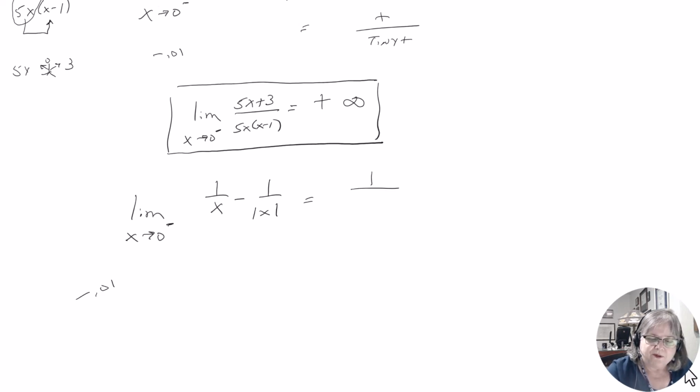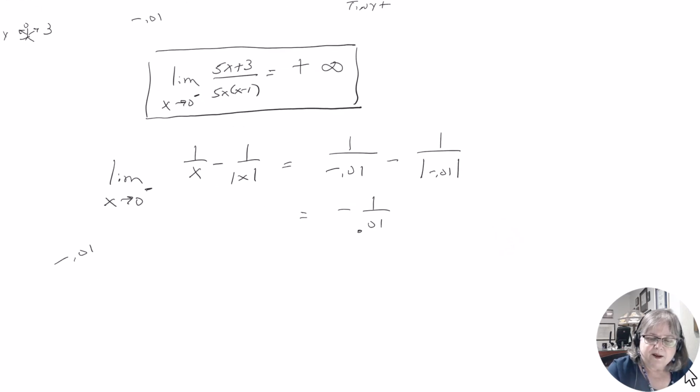So it'll be 1 over negative 0.01 minus 1 over the absolute value of negative 0.01. Okay, so this is negative 1 over 0.01. Okay, the absolute value of a negative is a positive, so this negative is this one. And you'd have 1 over 0.01.